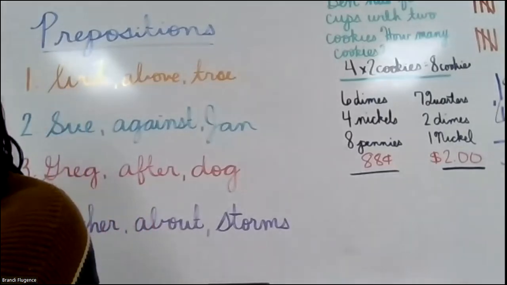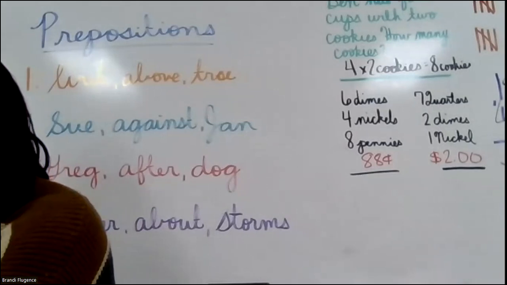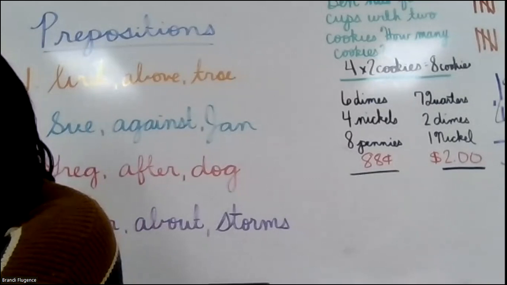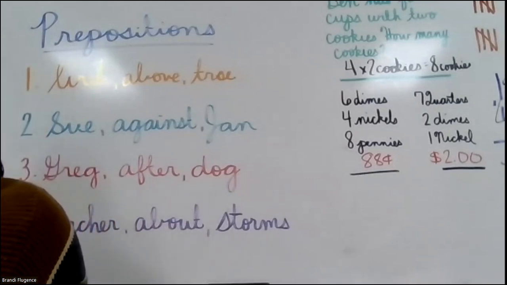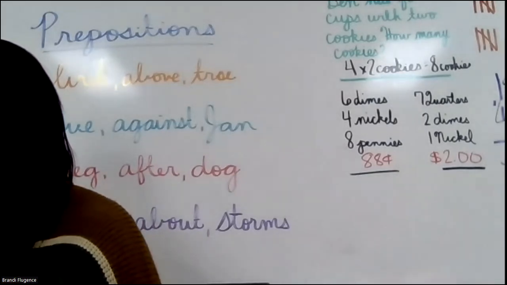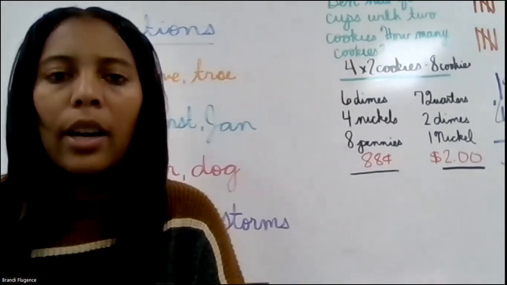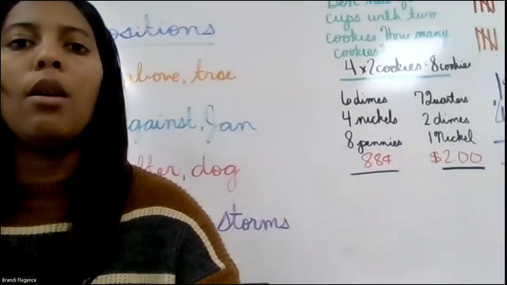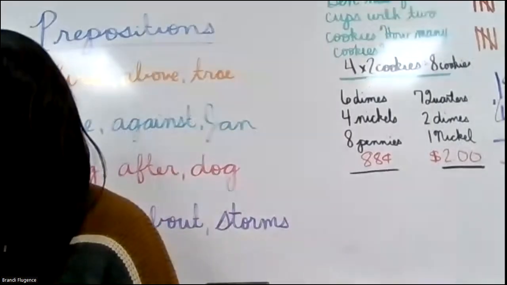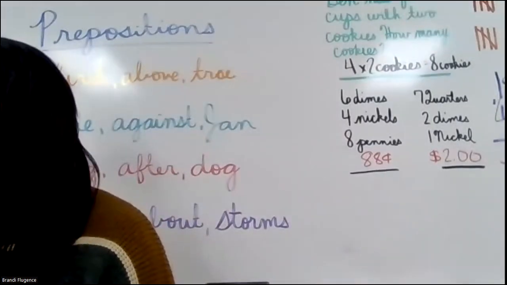Bought, B-O-U-G-H-T. Cause, C-A-U-S-E. August, A-U-G-U-S-T. Awful, A-W-F-U-L. All right, let's go ahead and go over our list. Number 1, bought. Number 2, cause.